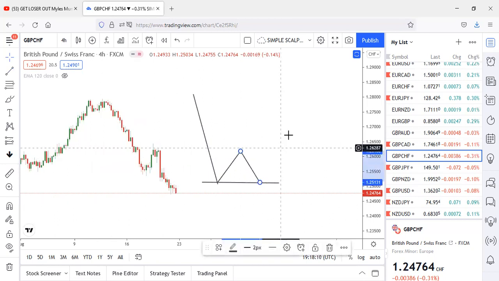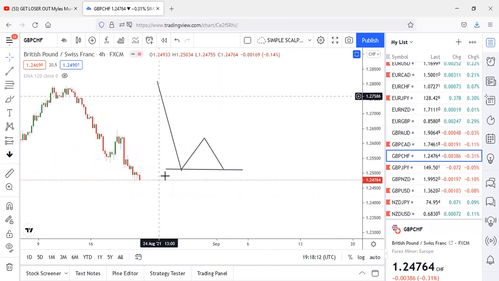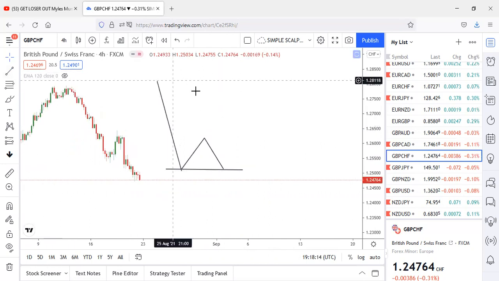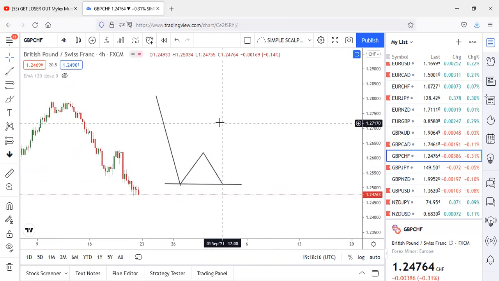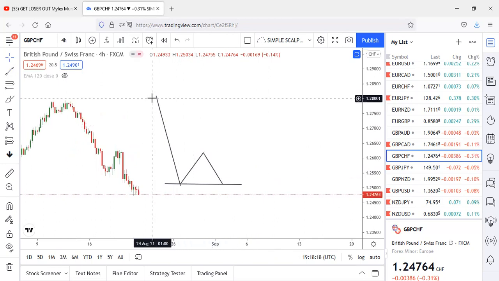All right, what is divergence? Divergence is when you have price, a candlestick pattern, going in one direction and the indicator, stochastic or RSI, is going in the other direction.